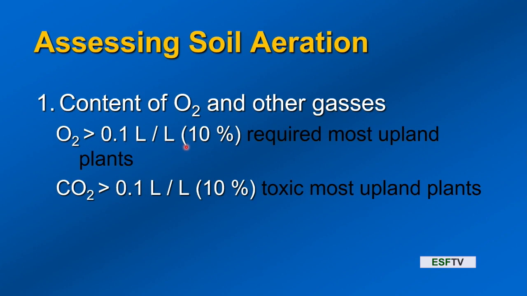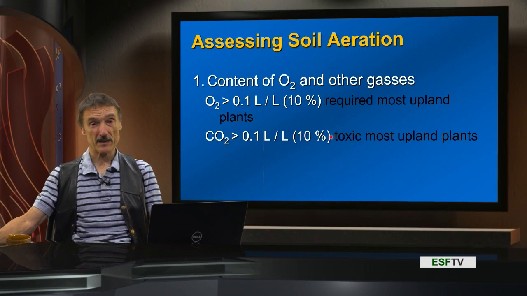The same is true, but in reverse, for carbon dioxide. So carbon dioxide, 0.1 liters per liter, 10%. When that exceeds 10%, that becomes toxic to most upland plants. So the root systems have a tough time. You start to get effects on the bacteria and fungi also. When you elevate the CO2 above 10% concentration, then you're in difficult spaces.